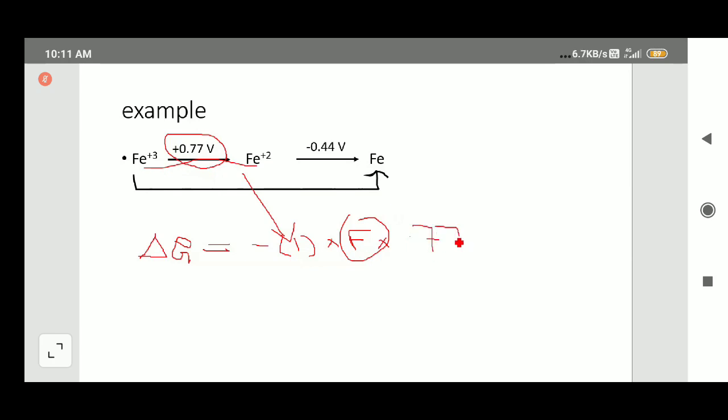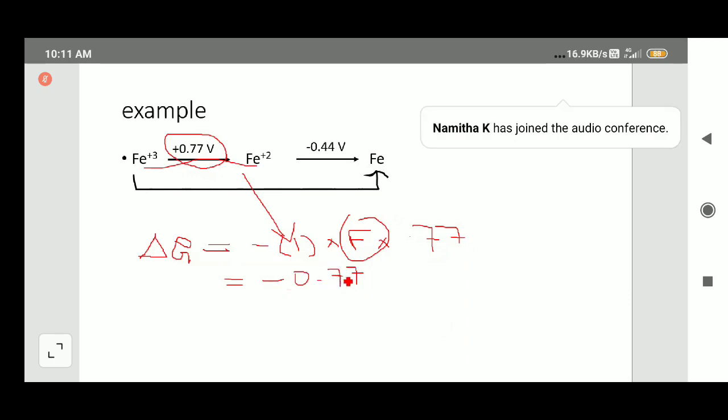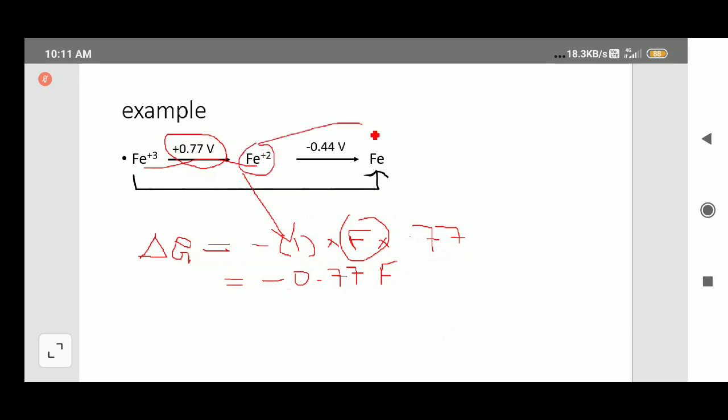So what you will get is your change in free energy is minus 0.77 F. This is what you calculate for the first conversion. This is the free energy change. Then you do the same thing for Fe2+ to Fe. How many electrons are involved here? The number of electrons involved is 2, because here it is plus 2, it became 0.